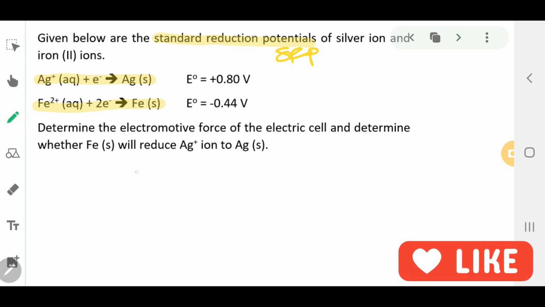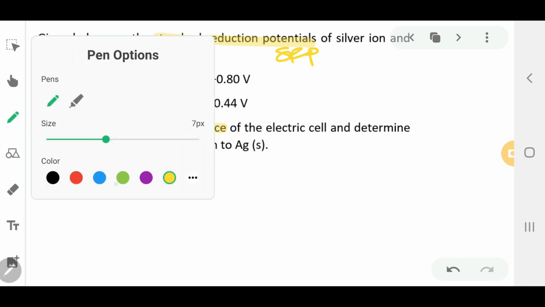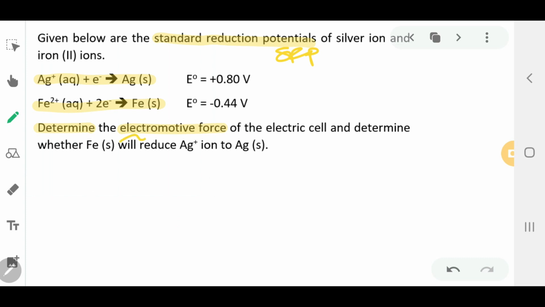The question wants you to find the electromotive force. The word electromotive force over here is the same as E naught cell. So if you see this term in your questions or in examinations, it refers to the E naught cell, the standard cell potential.